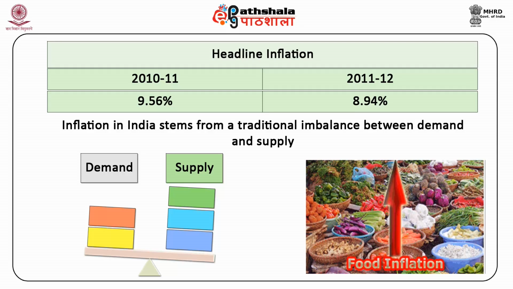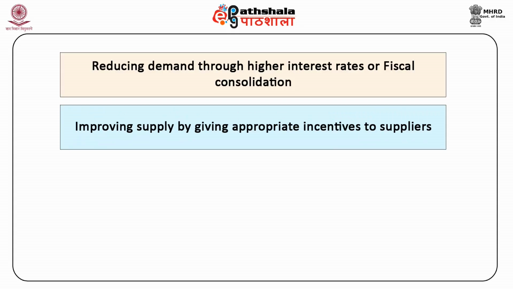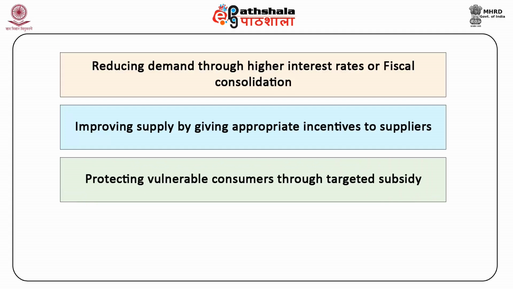Inflation has been a major cause of concern for both the government and the RBI. They have taken a number of measures to contain it. Reducing demand through higher interest rates or fiscal consolidation, improving supply by giving appropriate incentives to suppliers, protecting vulnerable consumers through targeted subsidy.